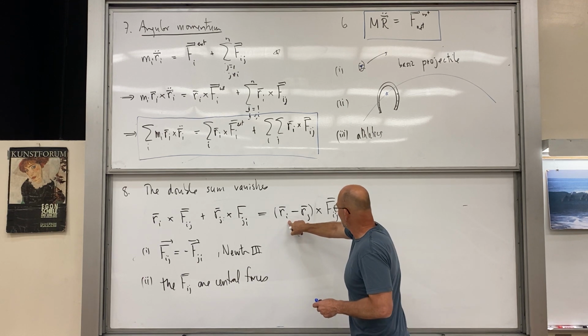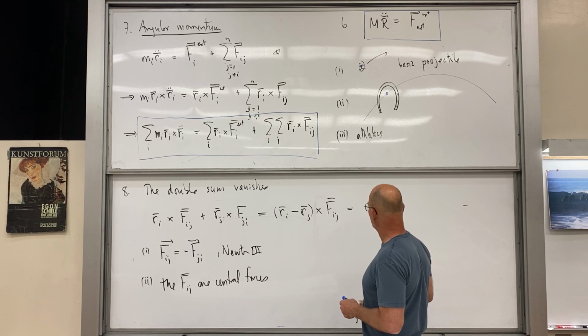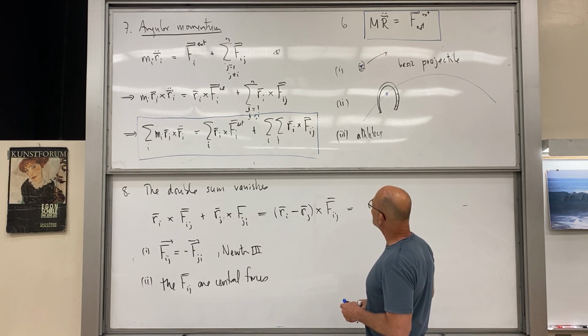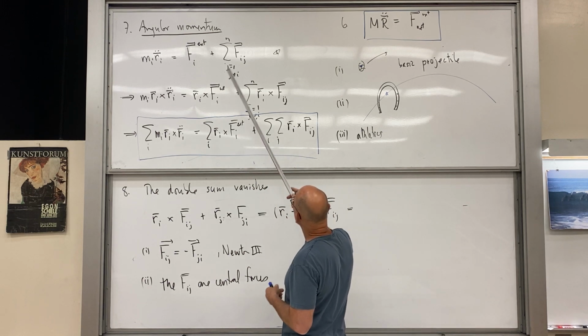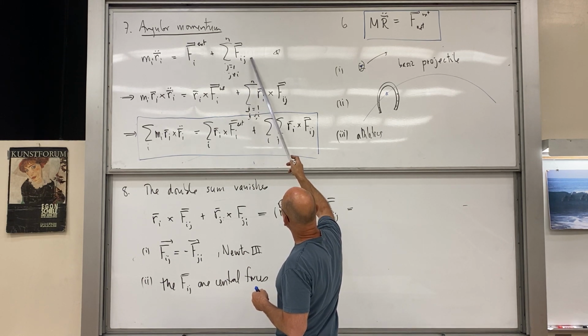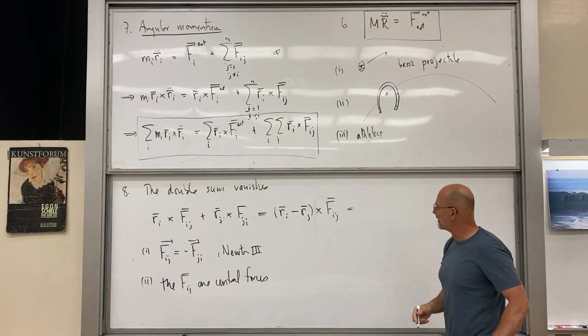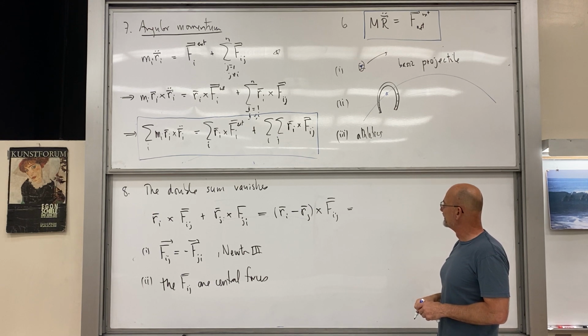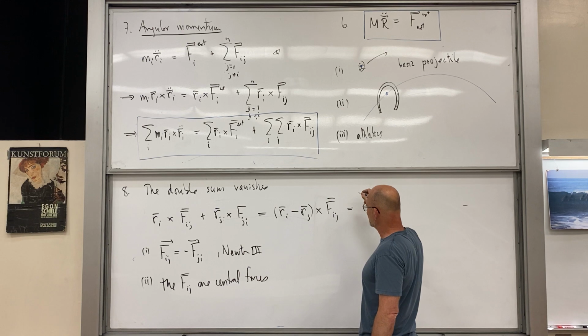So what we can do is we can write, and to be strictly speaking, how were we defining? So we had Fij was the force of the jth particle on the ith particle. Here's how I'm going to write this.